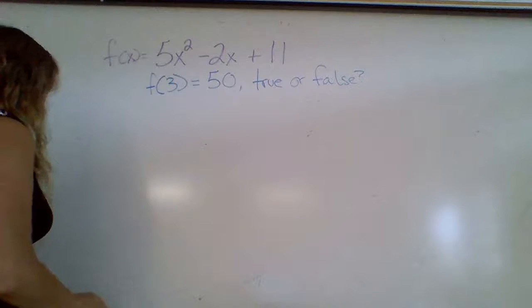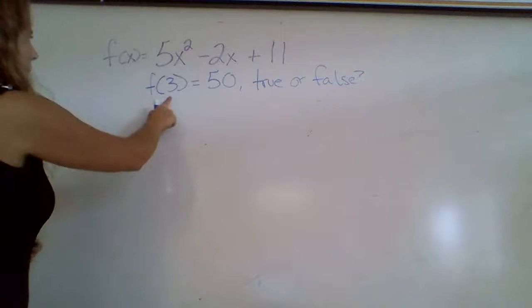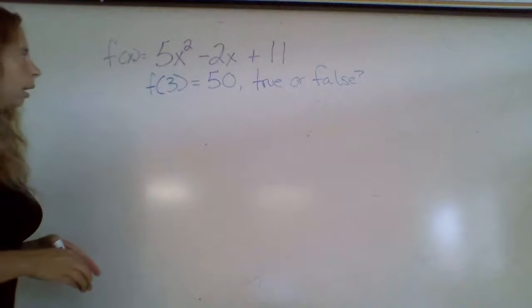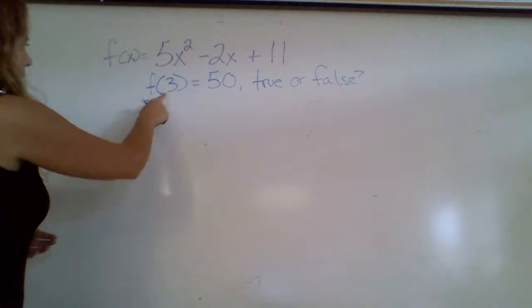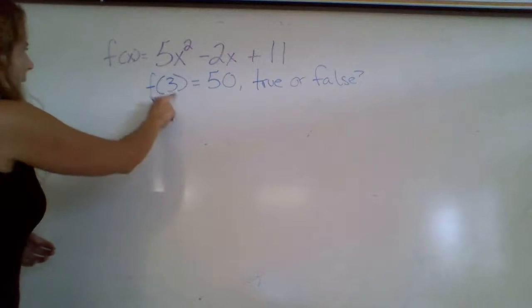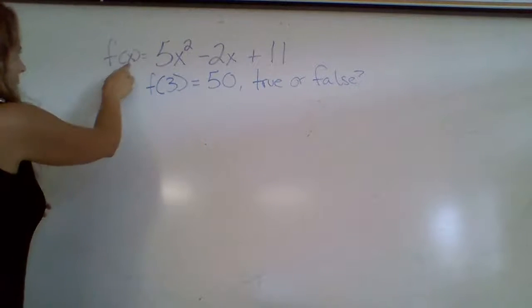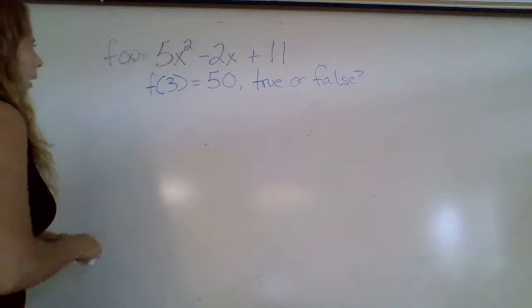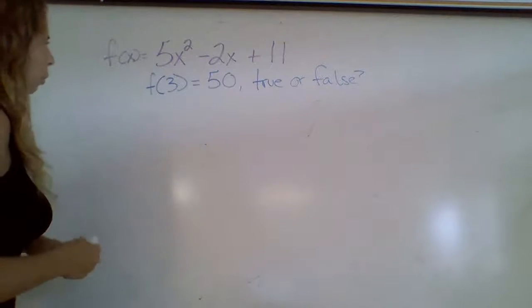Okay, so f of 3 equals 50. What does that mean? That means they're substituting 3 in for x. You see how there's an x here, and they put a 3 there? That means they're saying x equals 3, and f of x equals 50. Is that true?